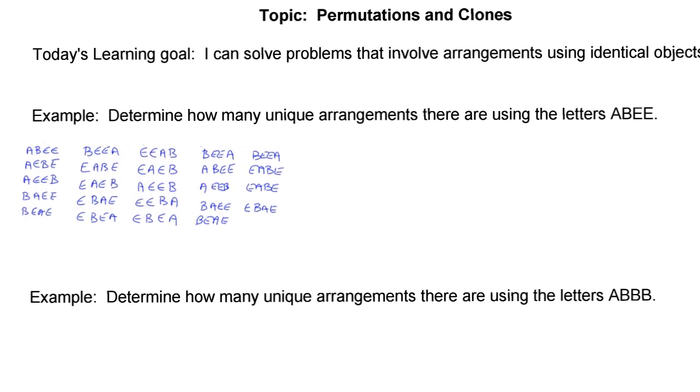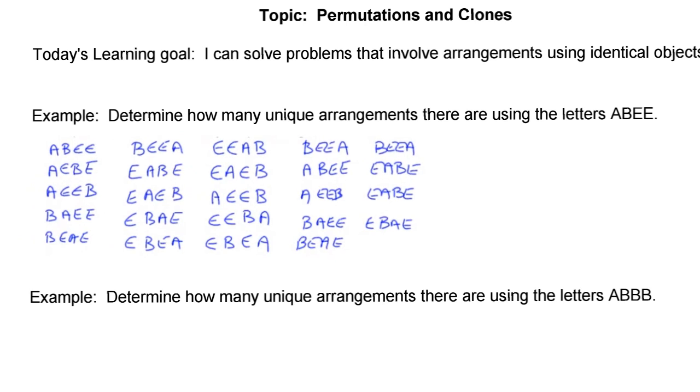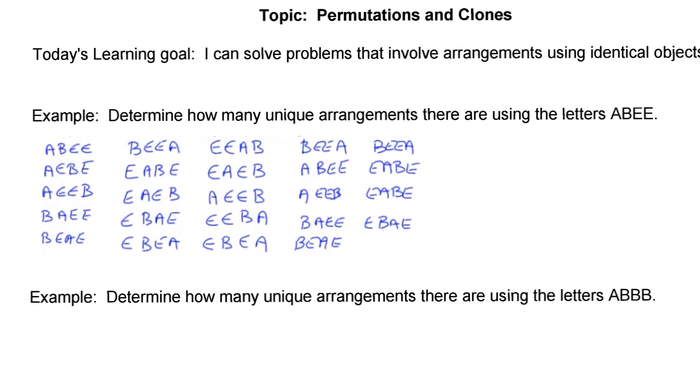So you'll notice here that I have all of these arrangements. So I took the time and found all of the possible, let's call them arrangements of the letters A, B, E, E. So for this one right here, what I did was I fixed the A and then rearranged the B, E, E. So there were only three possible ways to do that.